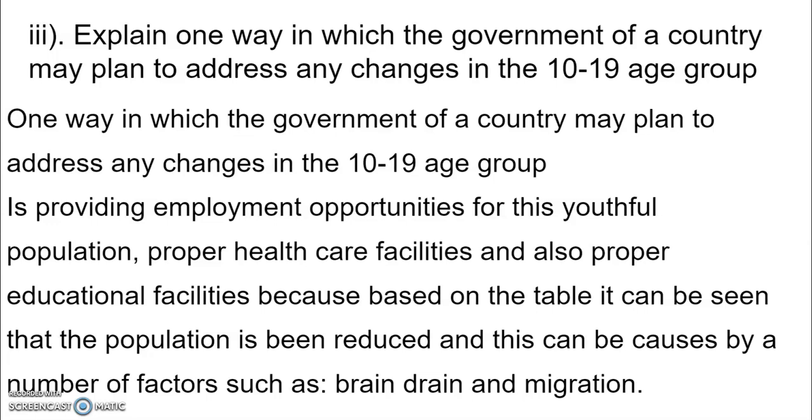So the government may address this change by providing employment opportunities for this youthful population, and also by developing their healthcare facilities and educational facilities. Whatever reasons are causing this age group to decrease, the government can address that reason, right? There are many other ways you could write in which the government of a country may plan to address any changes in the 10 to 19 age group.